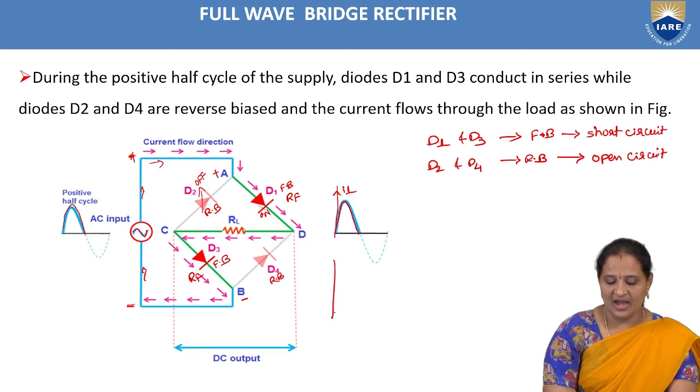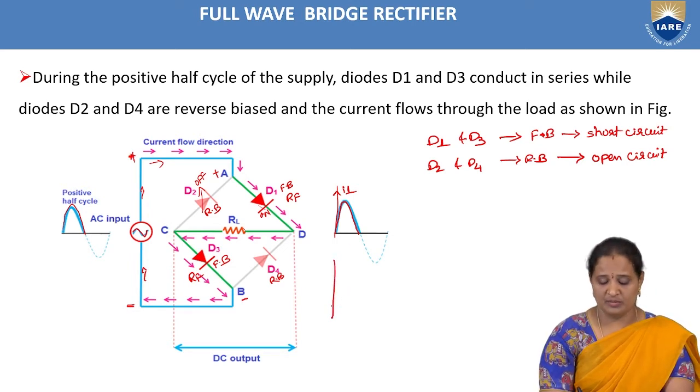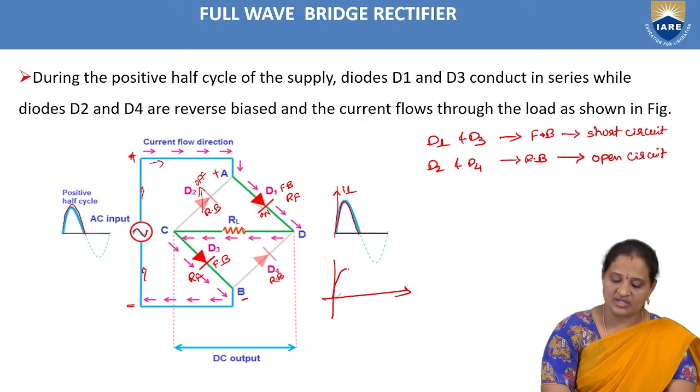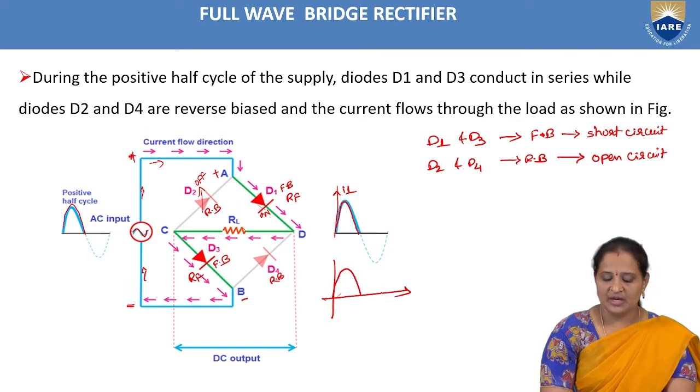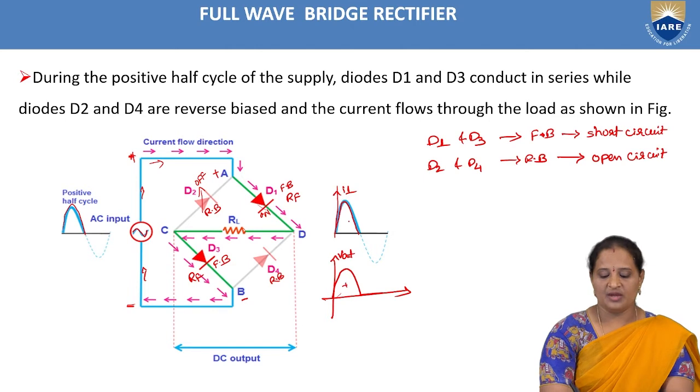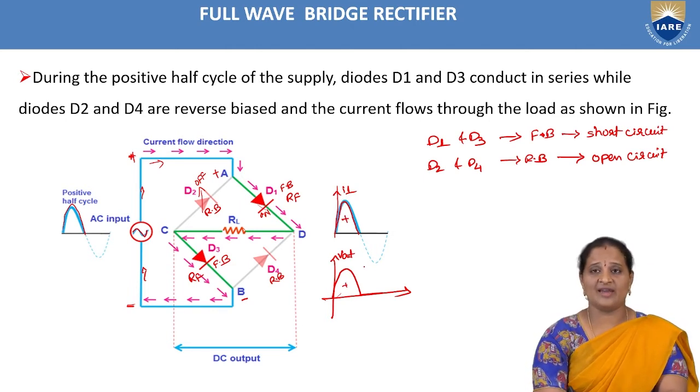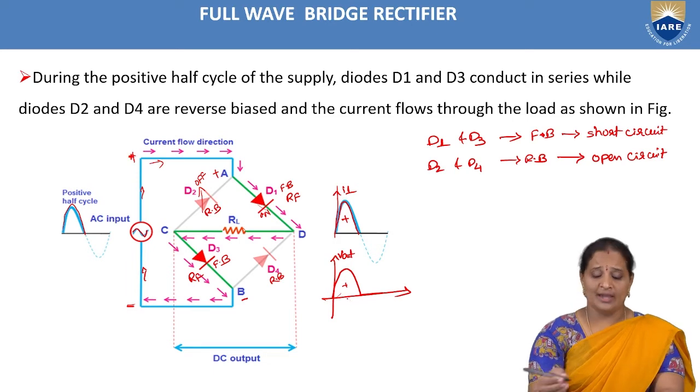As the current I1 varies sinusoidally with respect to time, the output voltage will also vary sinusoidally. So V out will also have a positive half cycle of voltage across the load resistor. So this is I1 here.